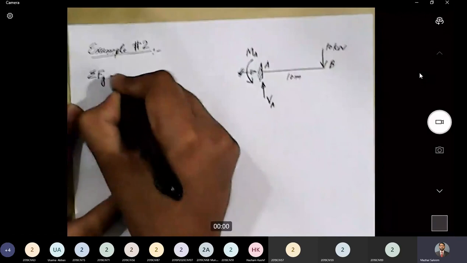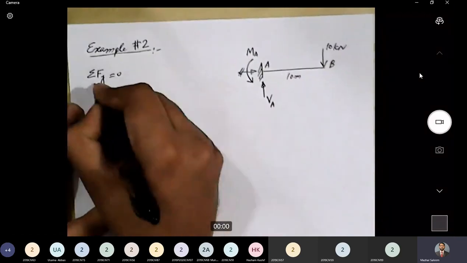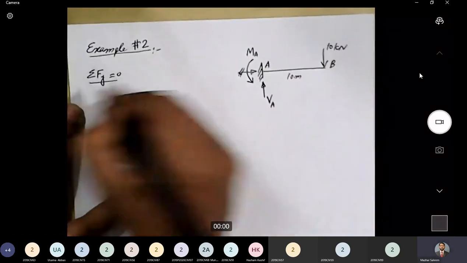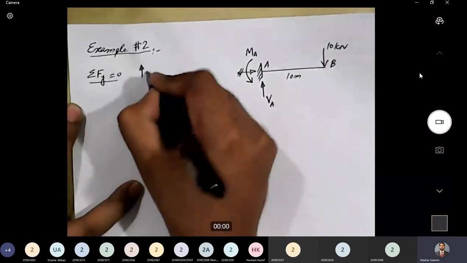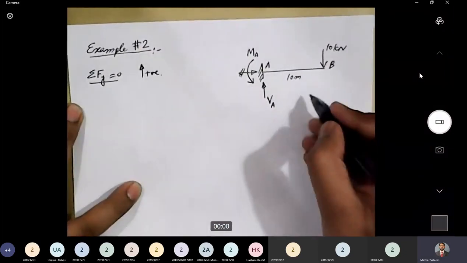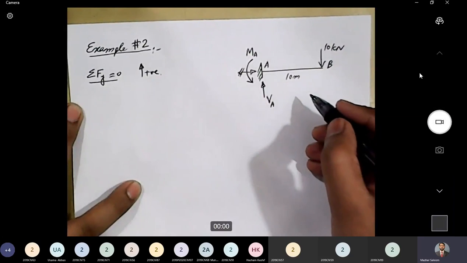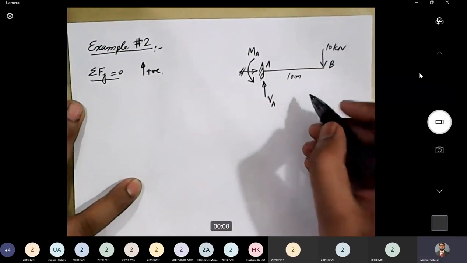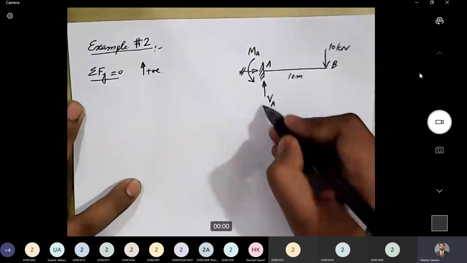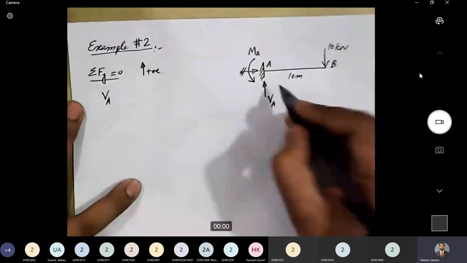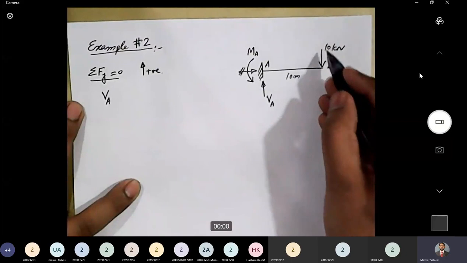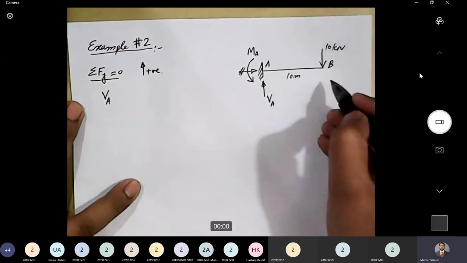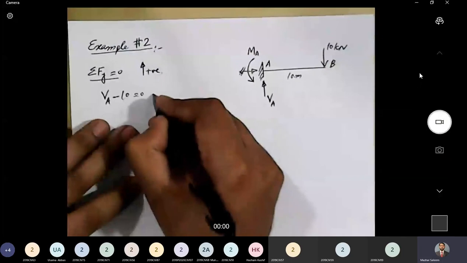So we'll apply sigma Fy equal to 0, and our convention is upward positive. How many forces are acting in y direction? We have one force VA that is acting in upward direction, so positive VA, and the other force is the applied load of 10 kilonewton, which is acting in downward direction, so minus 10, and this is equal to 0.